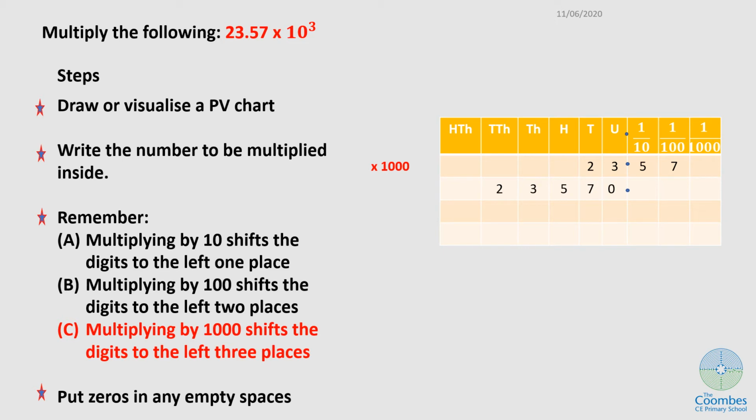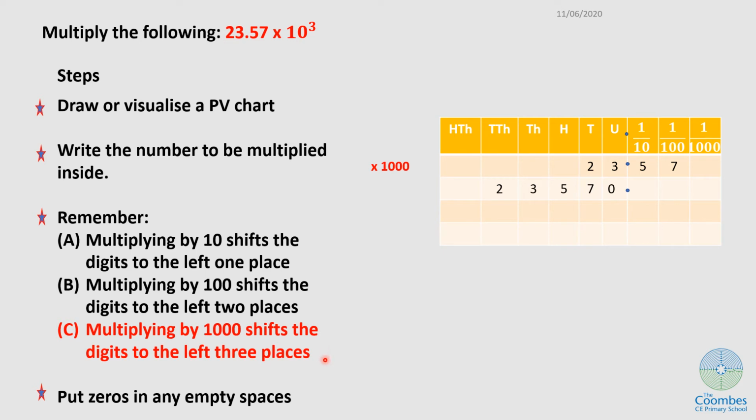And in it I have my units, my tens, my hundreds, my thousands, tens of thousands, and hundreds of thousands. And just to the right of the decimal, I have my tenths, my hundredths, and my thousandths. So I'm going to first write the number in the question in the place value chart, which is 23.57.